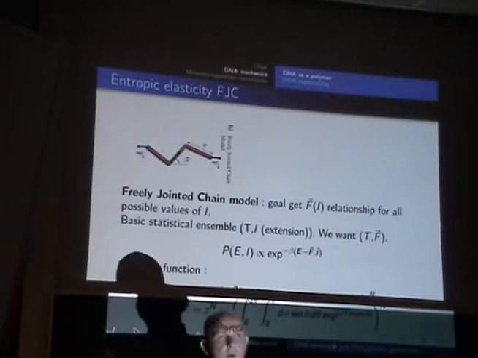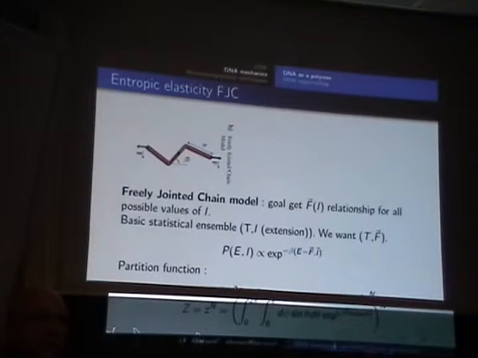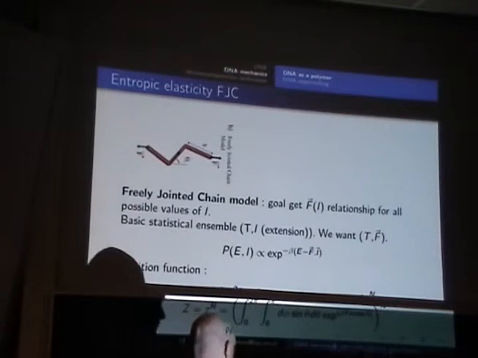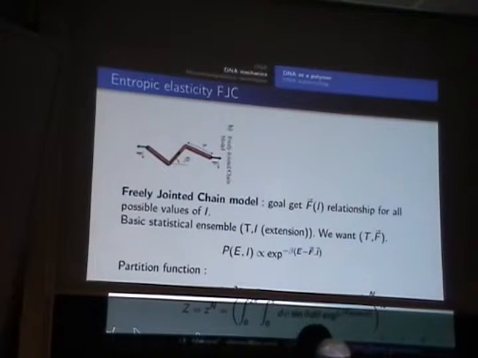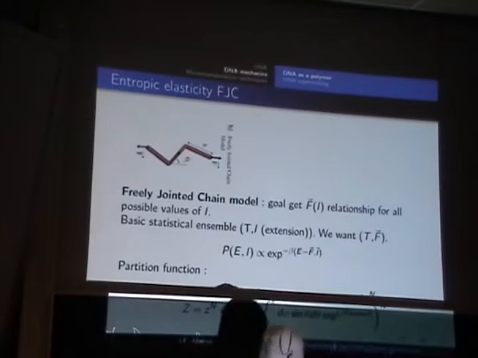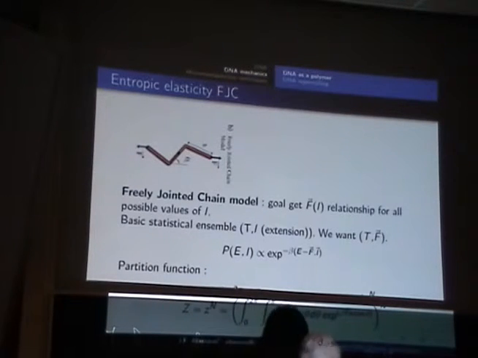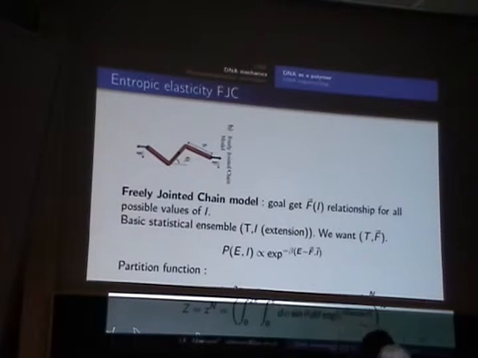So when you don't have the force, your monomers want to go in any direction, and because of thermal fluctuation, they do explore other configurations. When the force is different from 0, then you orient the monomers in the direction of the force.